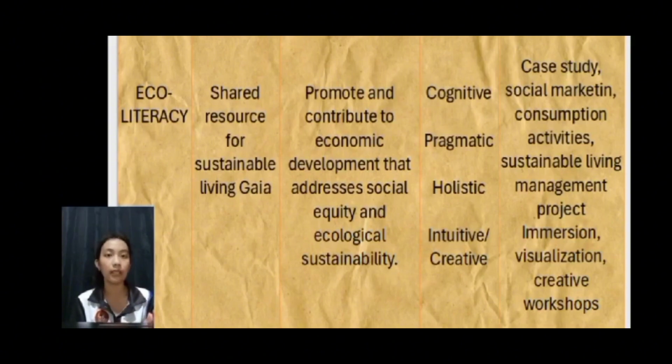It includes supporting initiatives that consider the well-being of communities, promote fair distribution of resources, and minimize negative impacts on the environment, fostering a more sustainable and inclusive economic model.